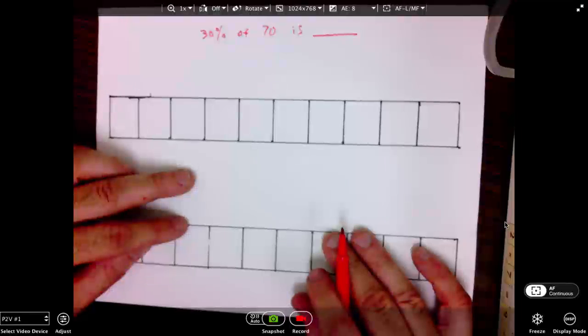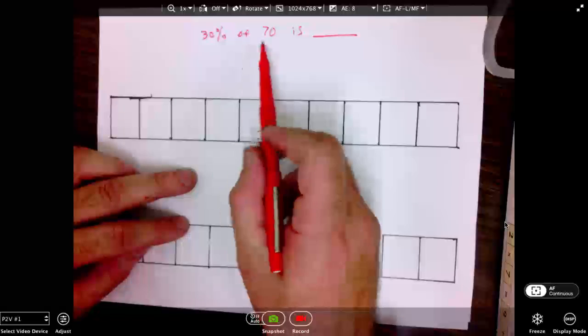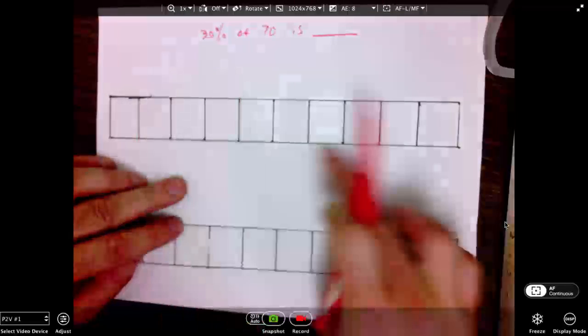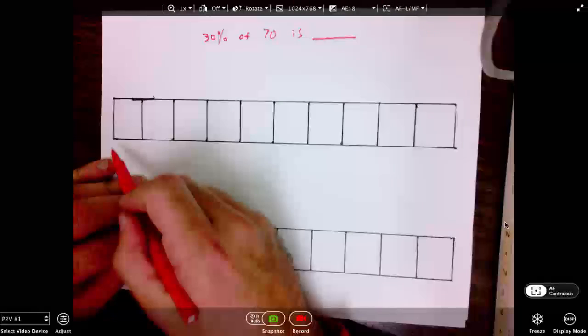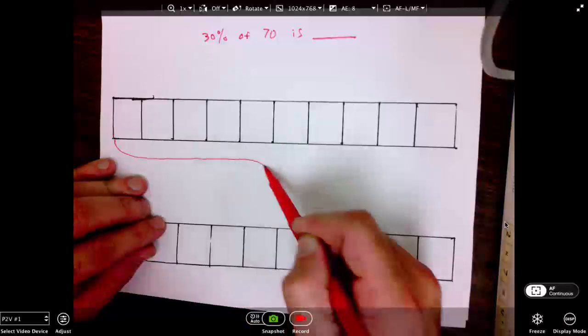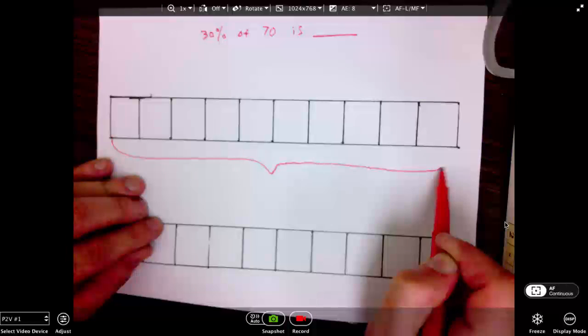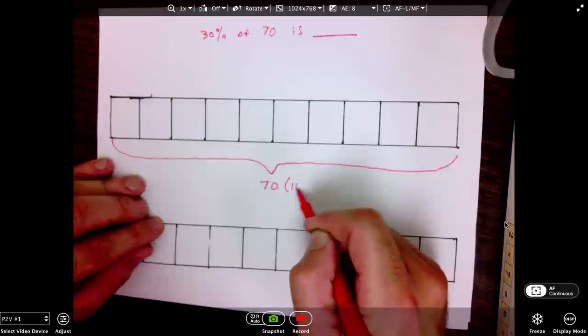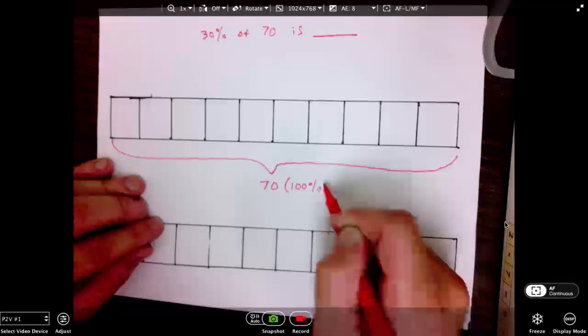Well, of indicates the whole. So in this case, 70 is our entire quantity here. Alright, this entire section we are calling 70. This 70 is 100%, the whole thing.